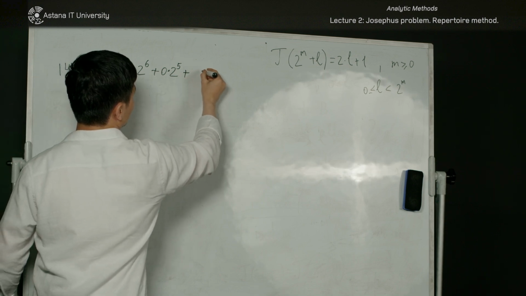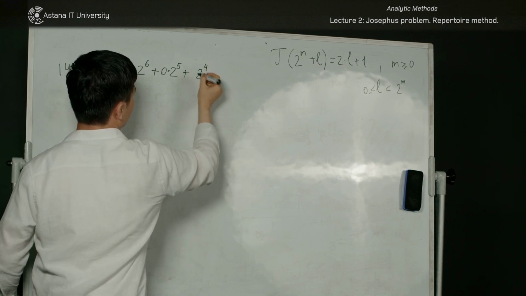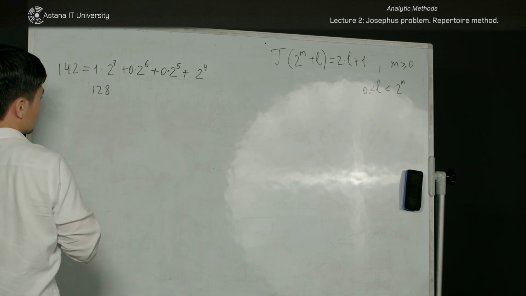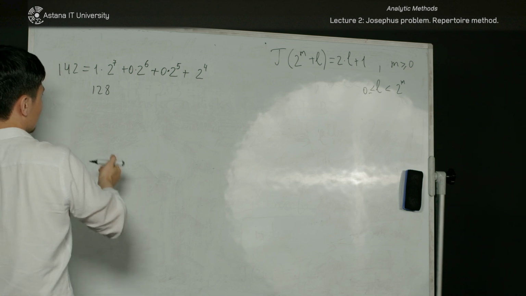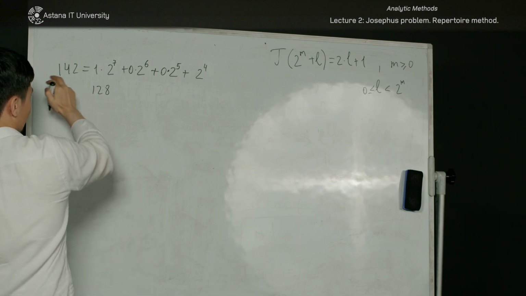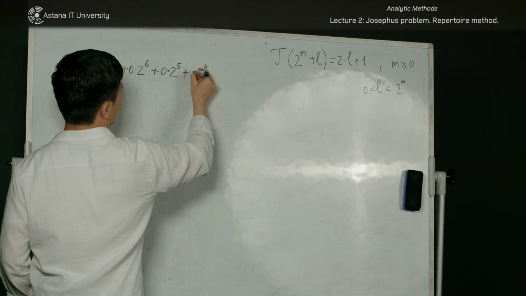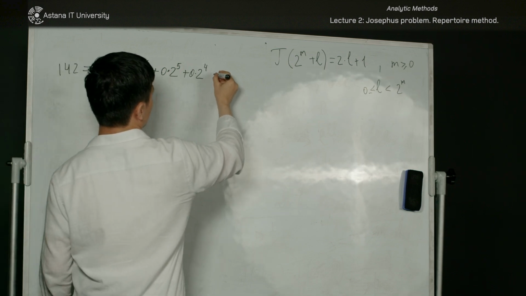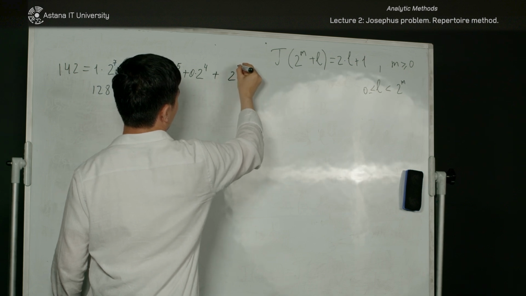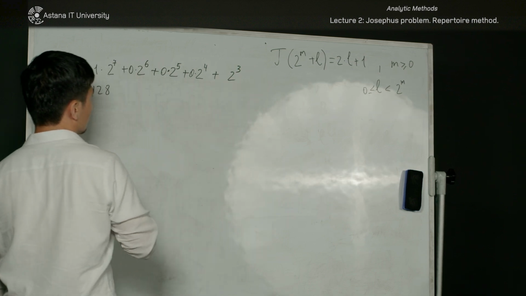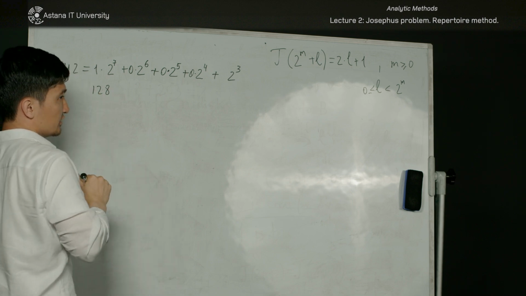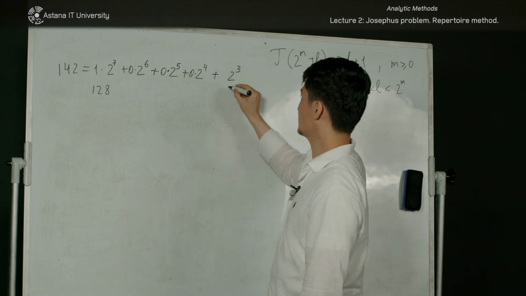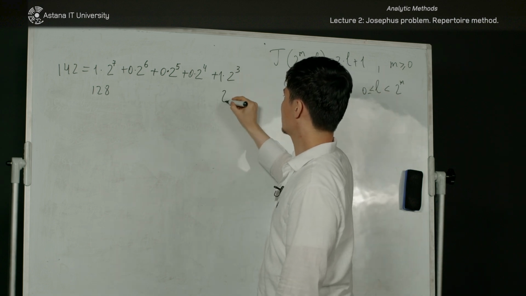Next is 2 to the power of 4, which is 16. 16 plus 128 gives me 144, still greater than 142, so I will not count this one. I will put 0. Next is 2 to the power of 3, which is 8. 8 plus 128 gives us 136, so I will count this one and put 1.